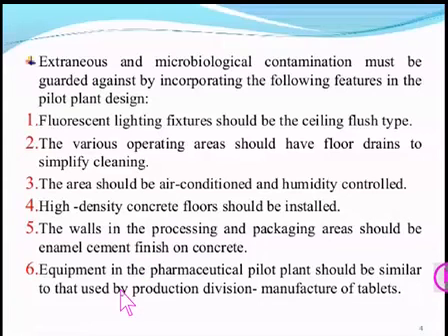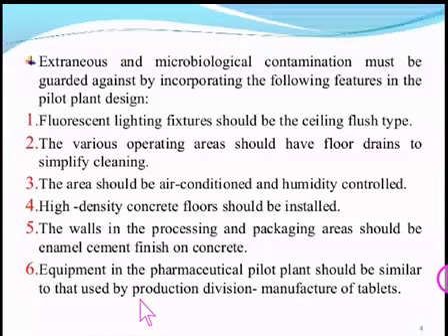The next point is that the equipment in the pharmaceutical pilot plant should be similar to that used by the production division for the manufacturing of tablets. In the industry, the tablet manufacturing facility is available, and in that plant set up there are a number of machineries. With a specific industry, specific kinds of equipment are available in the manufacturing facilities.